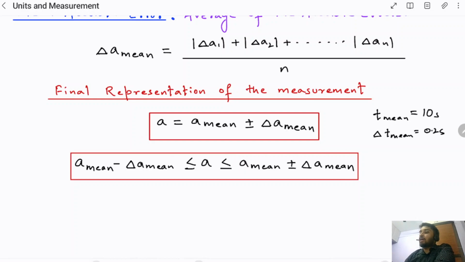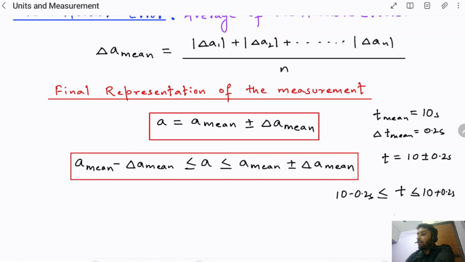Then finally I am going to represent my findings as time is equal to 10 plus or minus 0.2 second. So the person who is going to read this data needs to understand that the time value can lie anywhere between 10 minus 0.2 second to 10 plus 0.2 second.